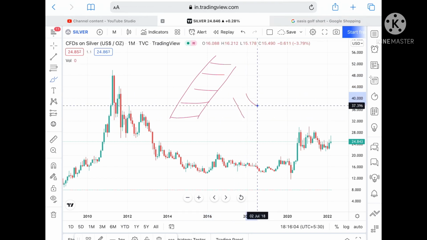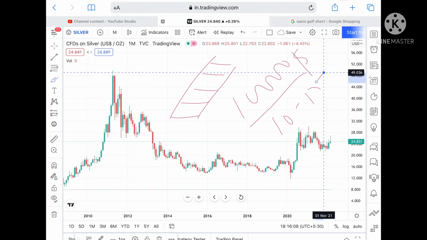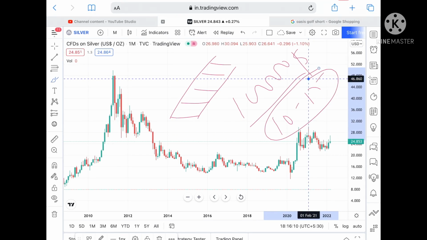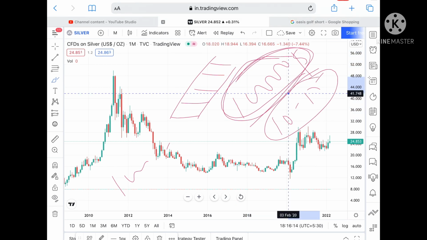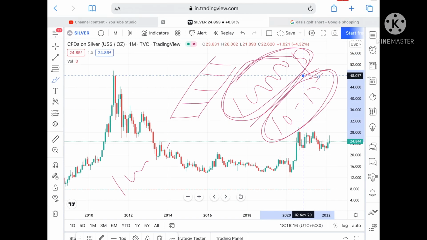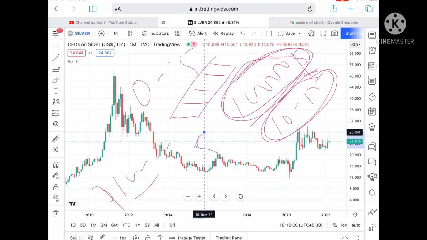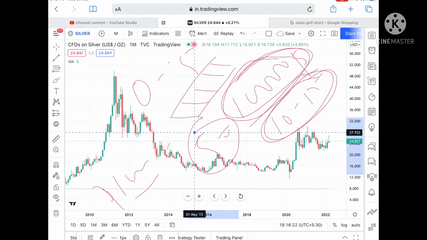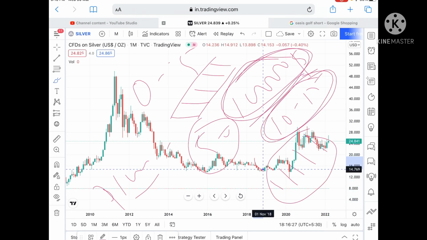Suppose you are trading with $10,000. You should try to trade with 10 to 15% of your capital, that is around $1,000. Risk should be 0.5 to 1%, that is $50 to $100. Okay, so if you take 5 trades, your risk is $500.